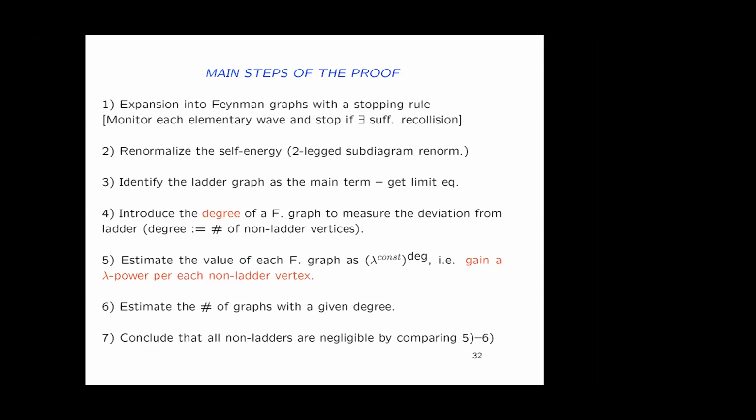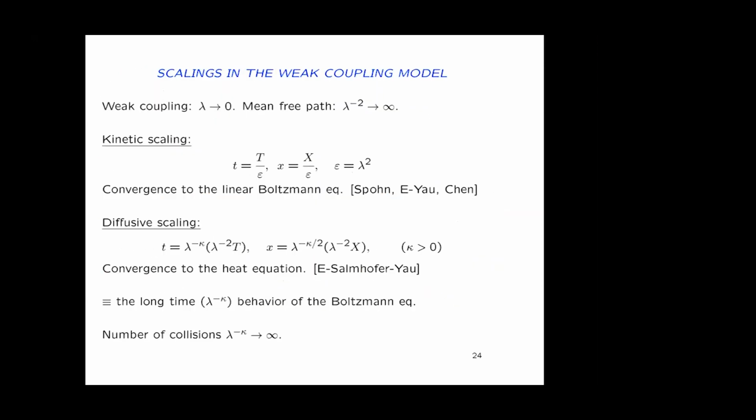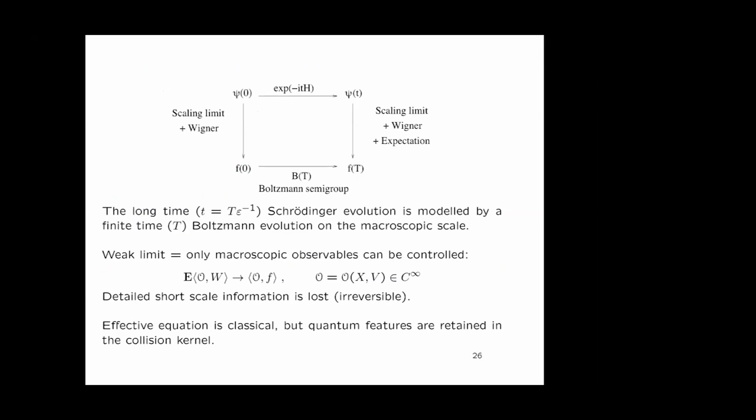I have a question about the commutative diagram that you showed comparing Schrödinger flow to Boltzmann flow. How is your result related to Oscar Lanford's result, in which instead of the Schrödinger flow you had classical mechanics?